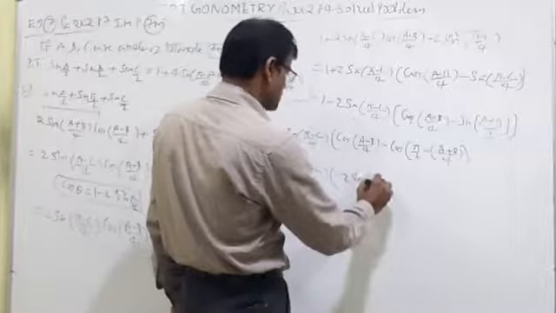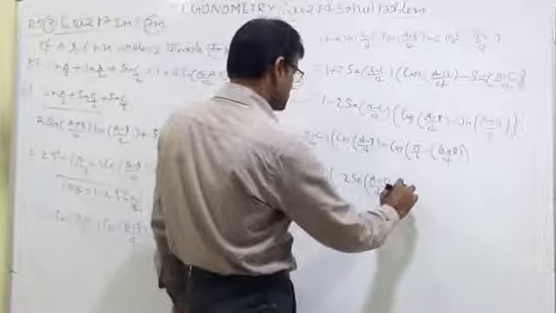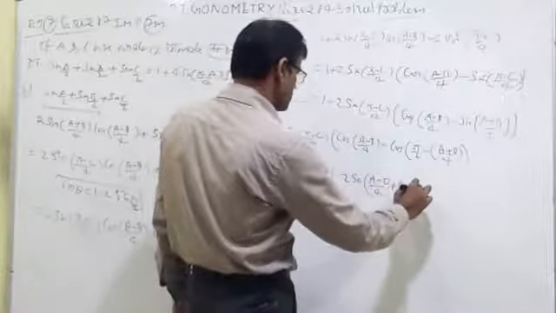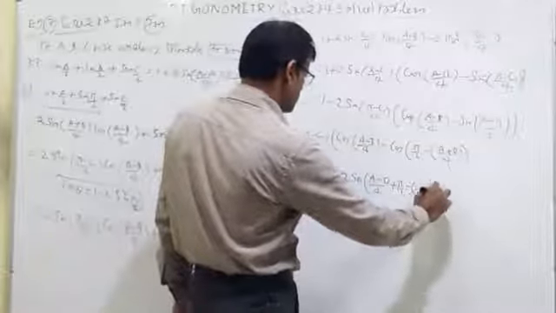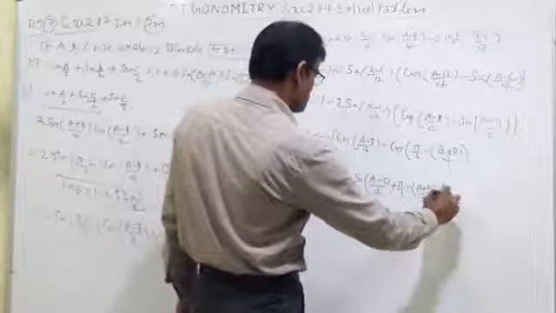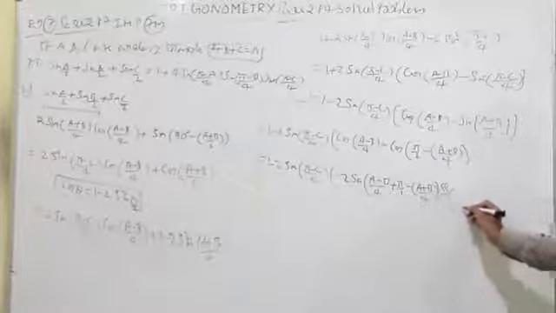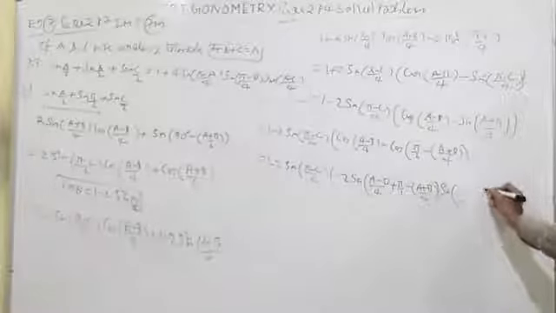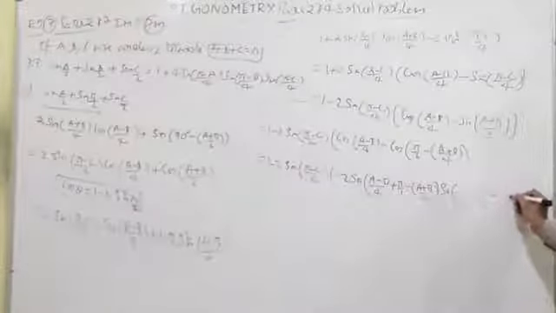Minus 2 sin c plus d meaning here a minus b by 4 plus pi by 2 minus of a plus b by 4 into sin c minus d by 2. So it is a minus b by 4 minus of pi by 2 into a plus b by 4.